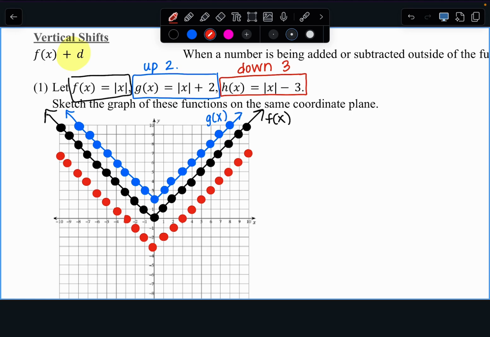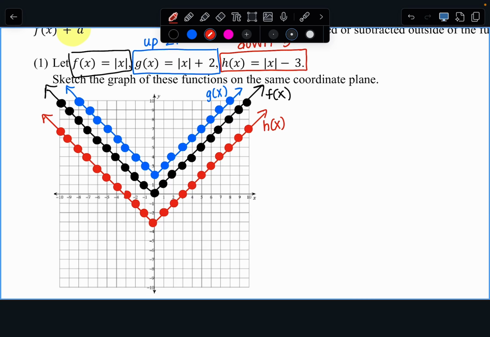And connect them. And again, that one is h of x. Questions? Okay.